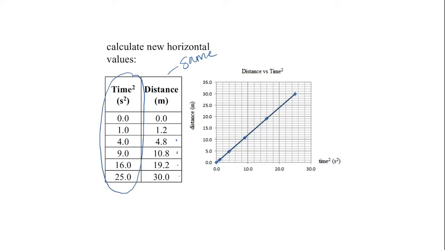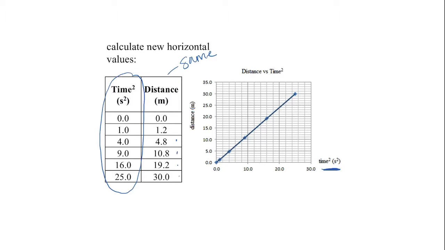If you notice, this is now not distance versus time, this is distance versus time squared. So when you're linearizing, please change your axis. It will only be your horizontal axis, of course, because that's the one that is changing. You can do time squared, and then your units are now seconds squared, right?